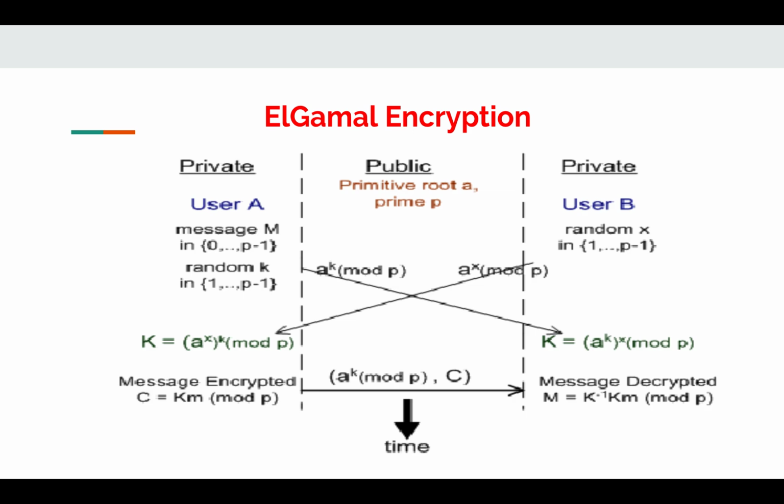Once they have the same key, user A encrypts his message by multiplying it by that key, which is a to the x raised to the k mod p, takes the mod p of that, and sends it to user B.